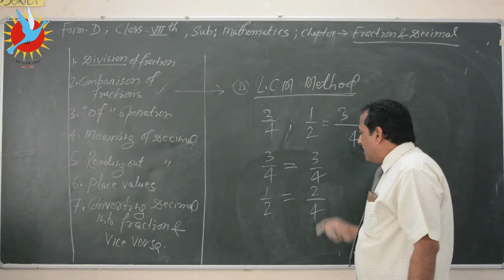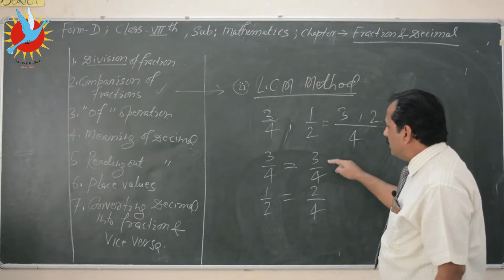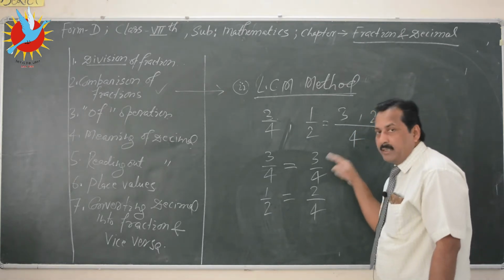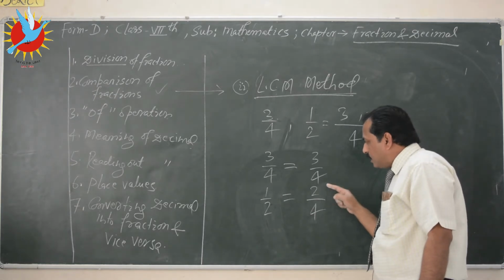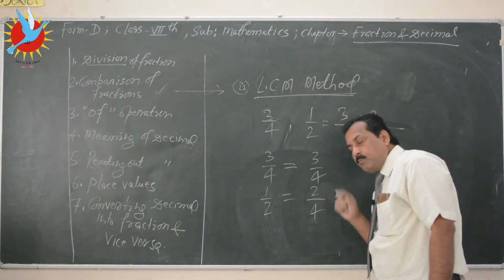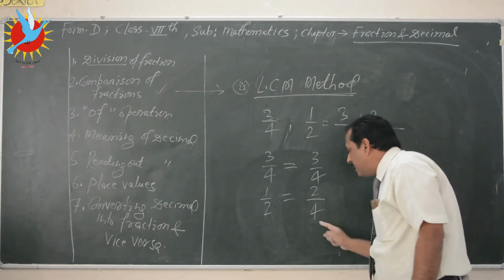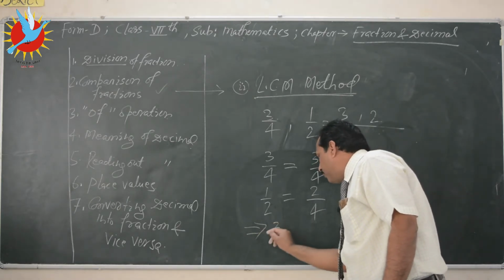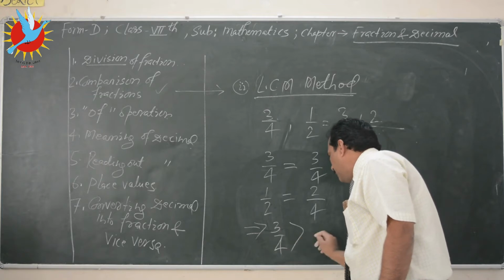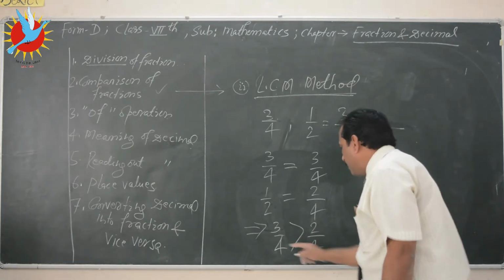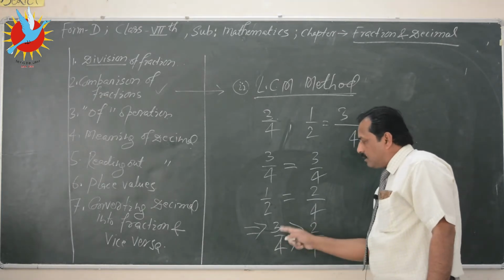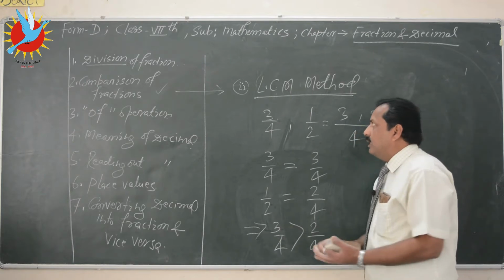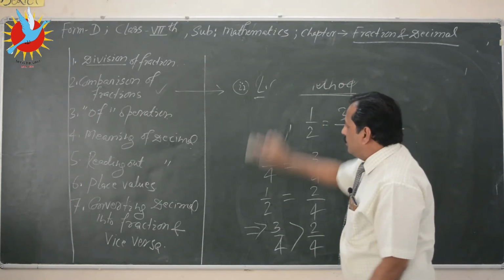In the case of like fractions, those fractions which have a greater numerator are greater, and those which have a smaller numerator are smaller, because the denominators are equal. So this implies that 3 by 4 is greater than 2 by 4. Why? Because denominators are equal and this numerator is greater than this numerator. So I think you can do comparison of two fractions.